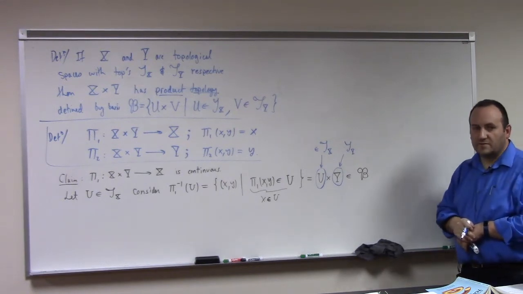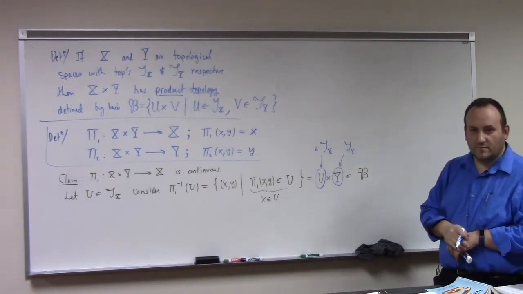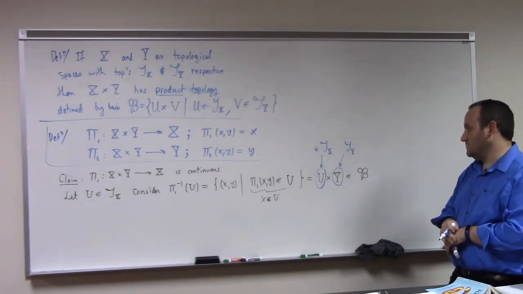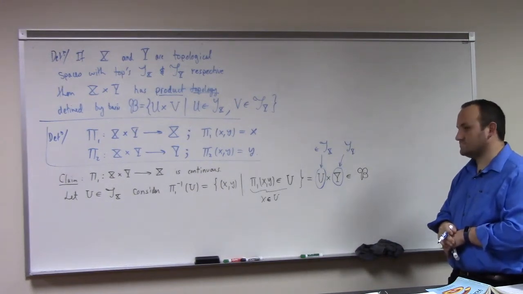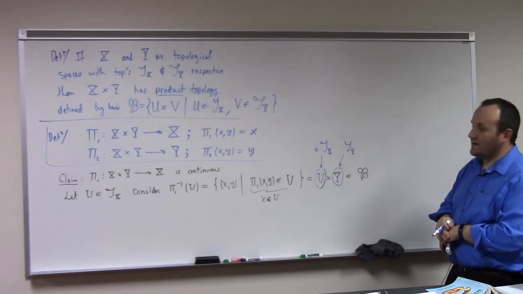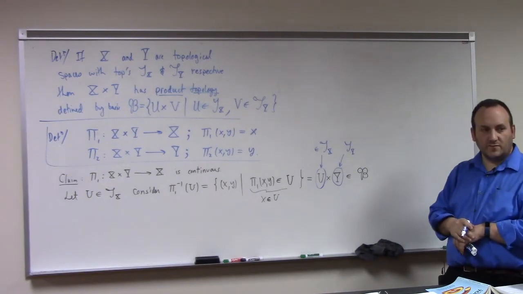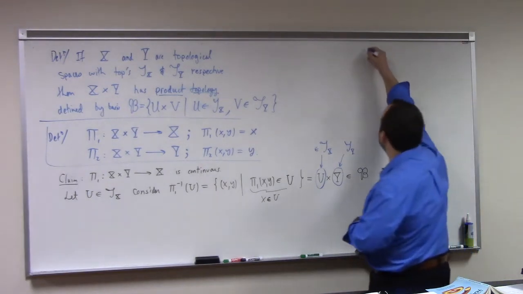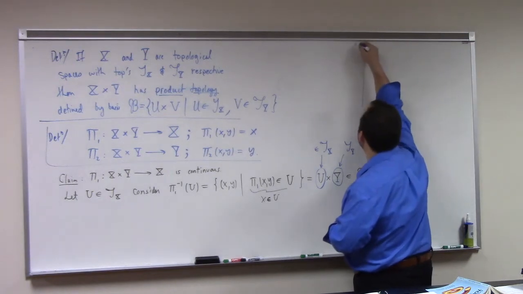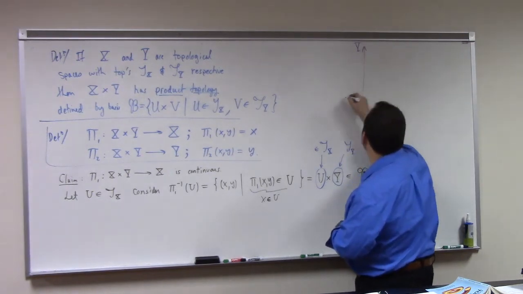And the proof of the second is almost the same. But we can make a heuristic picture of what's going on. This is the Y space.